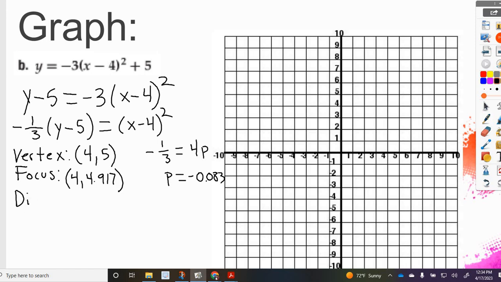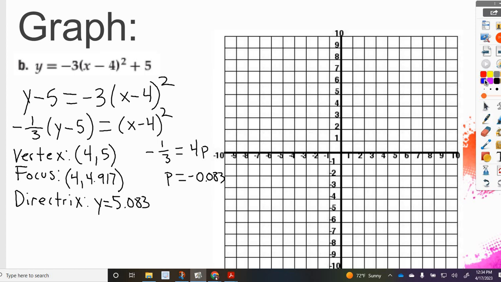Now, for our directrix, we are going to be subtracting it, which means we end up adding it. So we do get 5.083 on that one. And remember that it's y equals whenever it's a vertical.